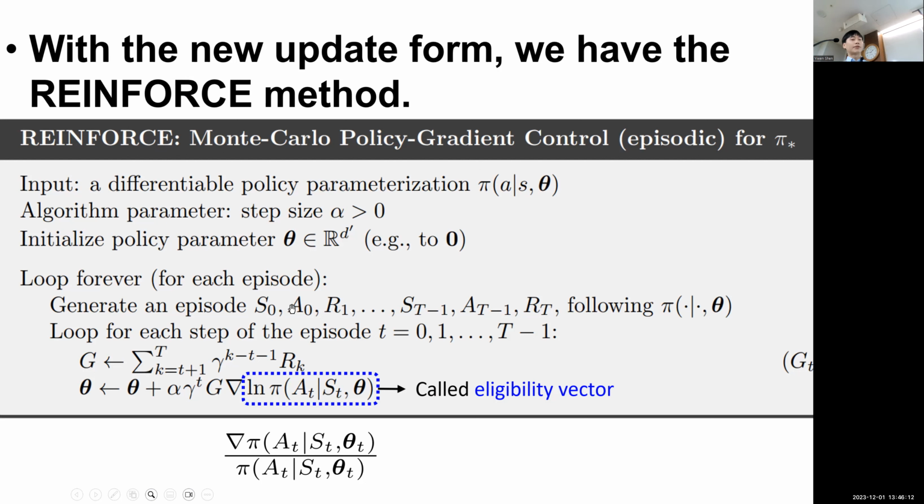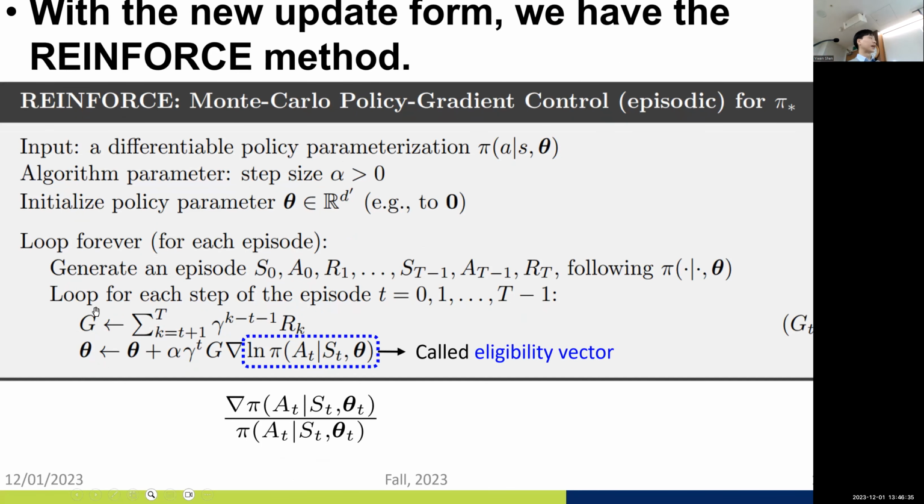We generate an episode based on the problem setting from the beginning, S_0, A_0, R_1, until the terminal state, following the current pi. Then we loop for each step t equals 0 until the step before the terminal state.